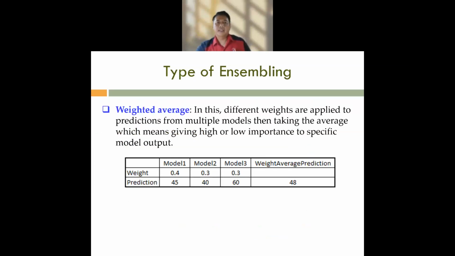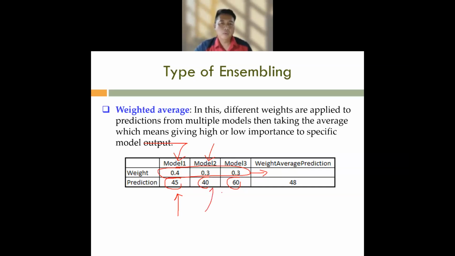Okay. But there are some method in which we use the weighted average, in which if we get the prediction 45, 40, and 60, so the total here is 1, so which means that we put which one is more important. So in this case, we are saying that, okay, for model number 1, we get 0.4, that is the weightage.